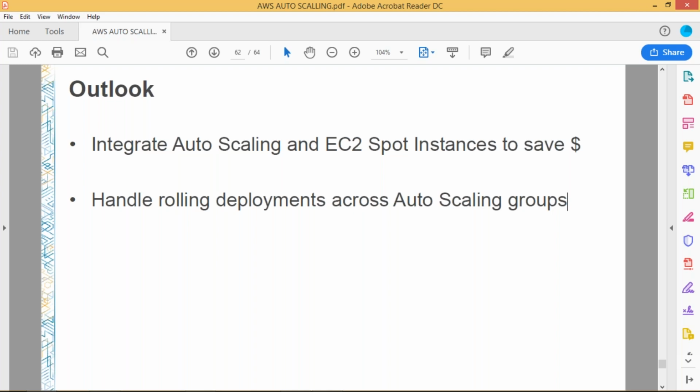Then all the traffic comes to your load balancer. What type of load balancer have you created: HTTP or HTTPS traffic, classic load balancer, application load balancer? Say you have configured the application load balancer.